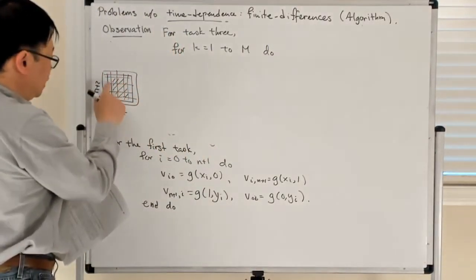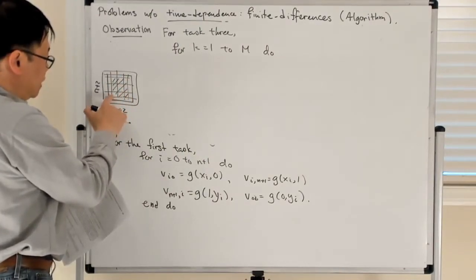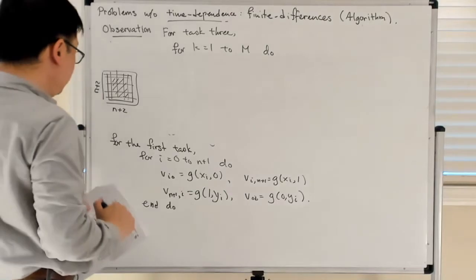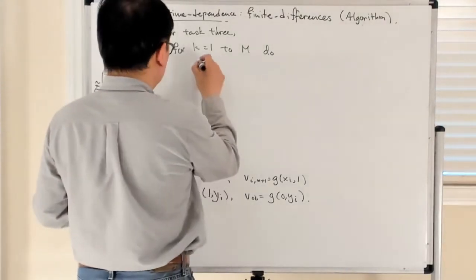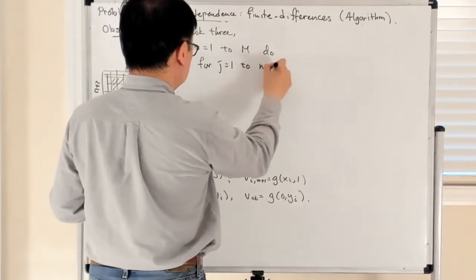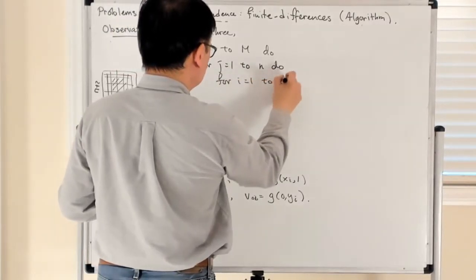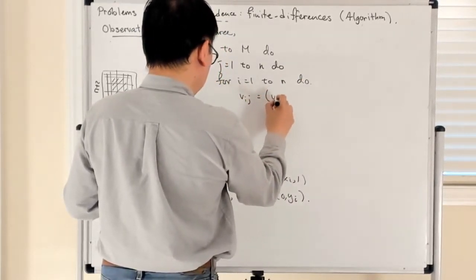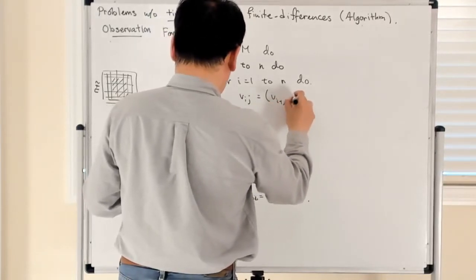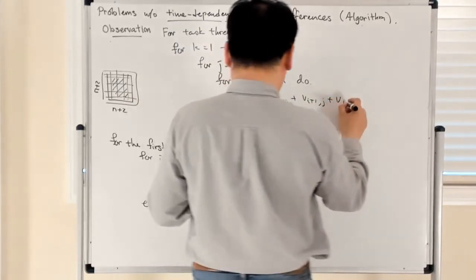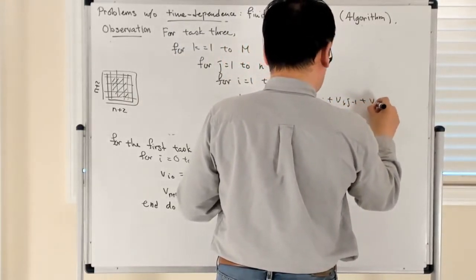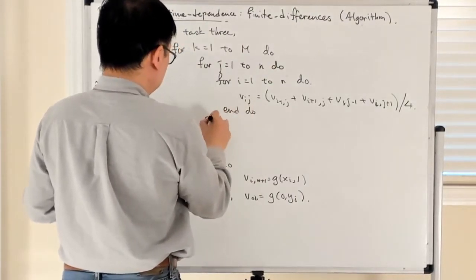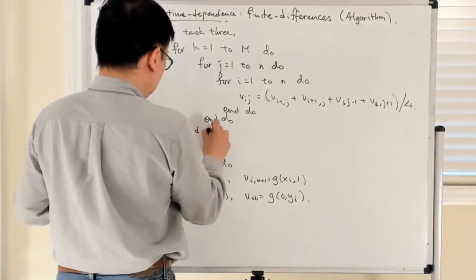Then the inner loop scans the entries: for j equals 1 to n do, for i equals 1 to n do the following: Vij is equal to V i minus 1 j plus V i plus 1 j plus V i j minus 1 plus V i j plus 1, whole thing divided by 4, and end do, end do, end do. Again, that's a very simple thing.